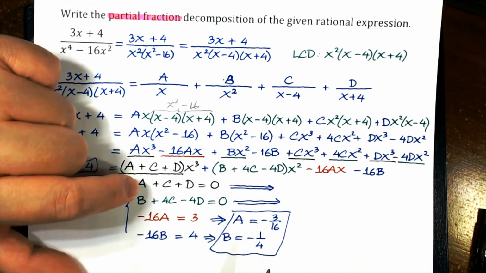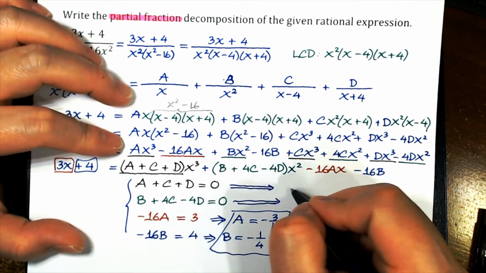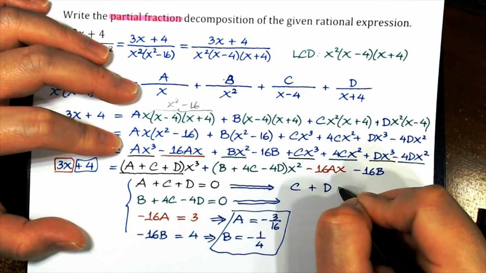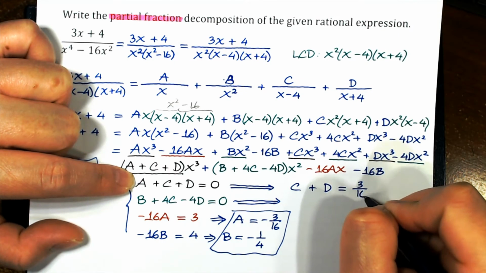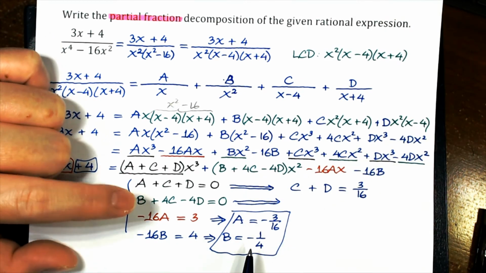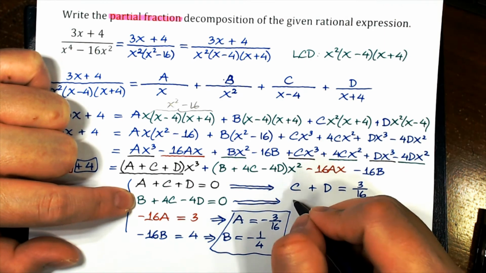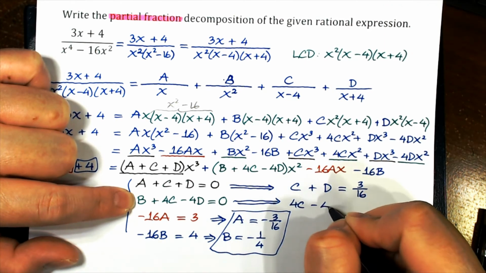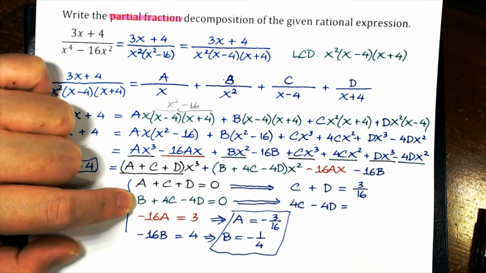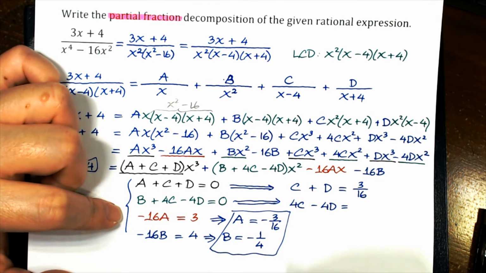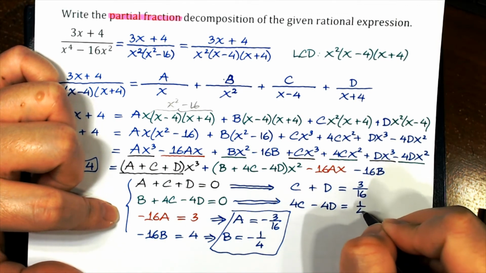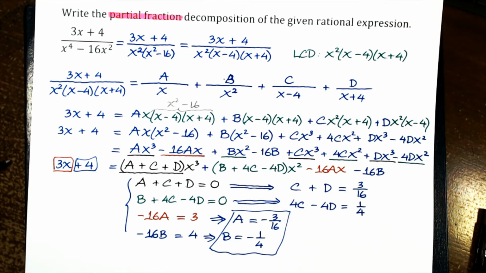By the way, I will move a to the other side, so I can write c plus d equal to negative a, which will be 3 over 16. And then the second equation, we have 4c minus 4d equal to negative b, which will be 1 over 4. So we have a system of two equations, two variables.